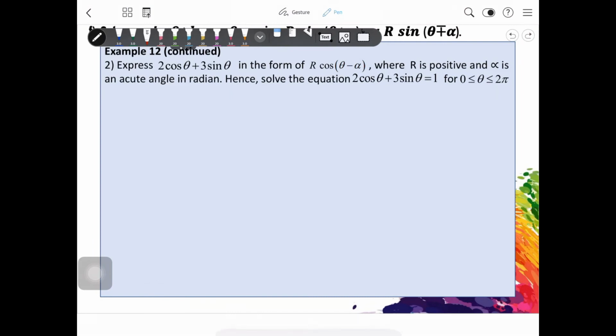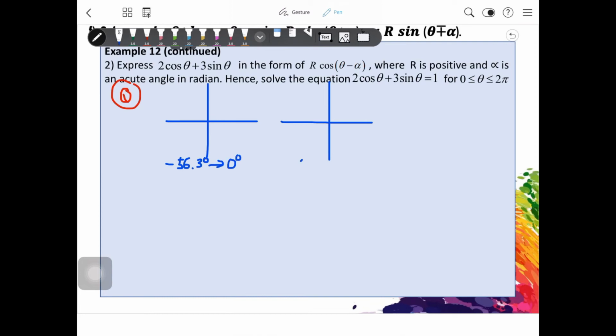The next step would be Q, quadrant. I would suggest to draw like this, so you will have negative 56.3 degree to 0 degree for the first one, and the next one is 0 degree to 303.7 degree.